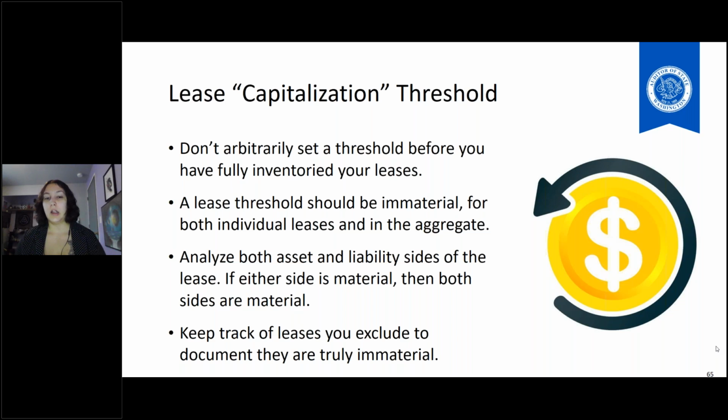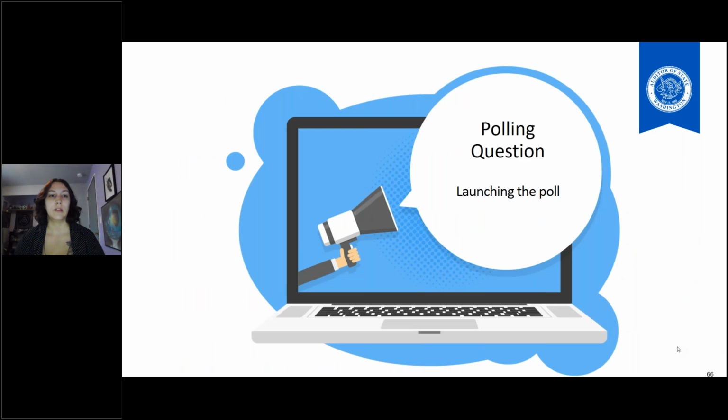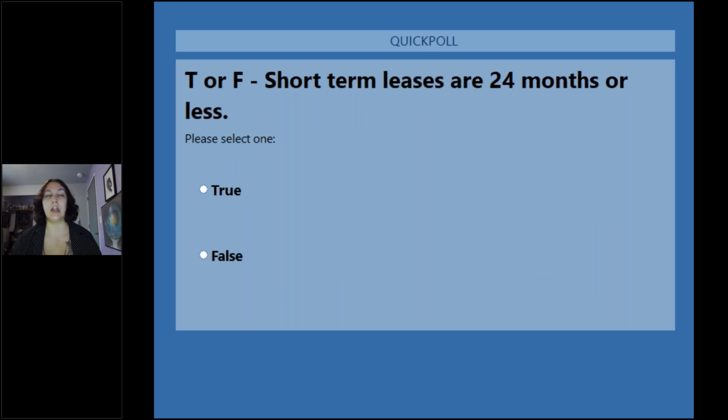Now that brings us to our next polling question. That should be launched on your screen now. True or false? Short-term leases are 24 months or less.